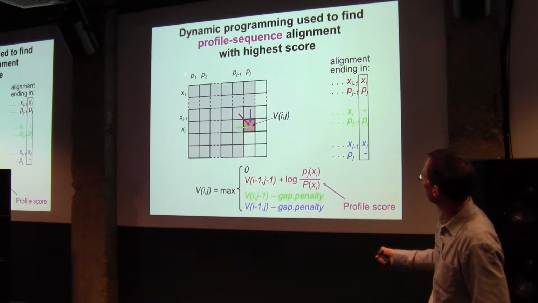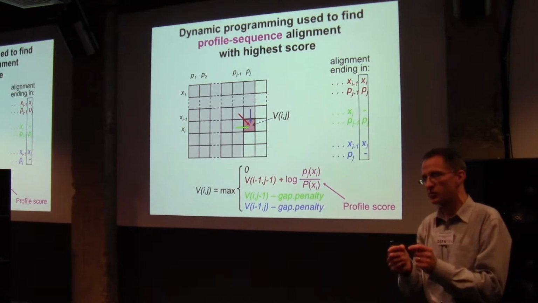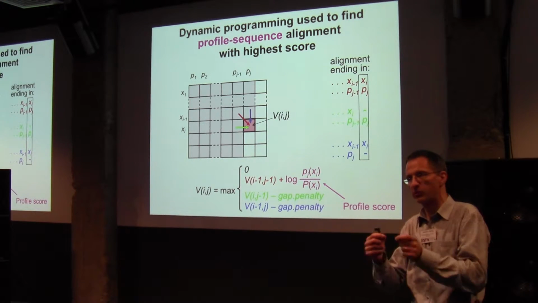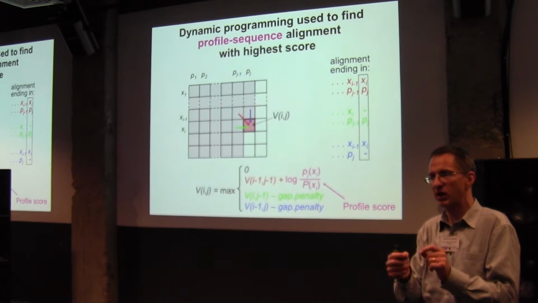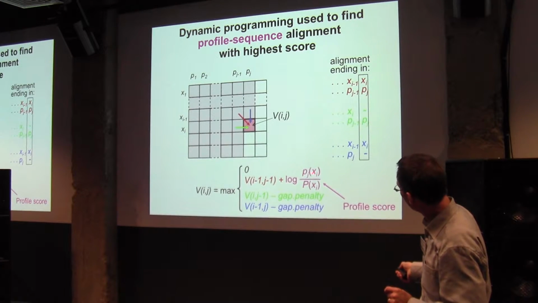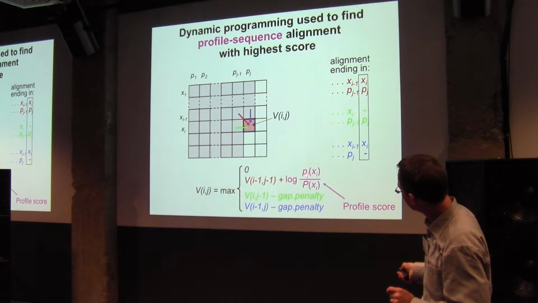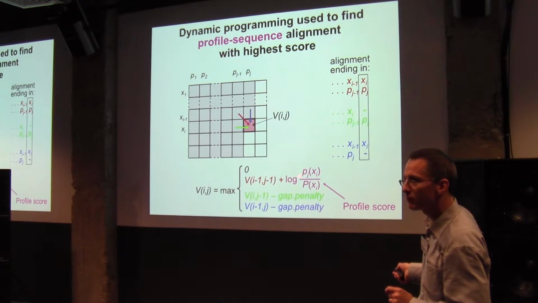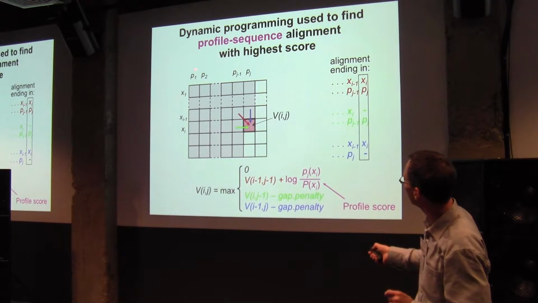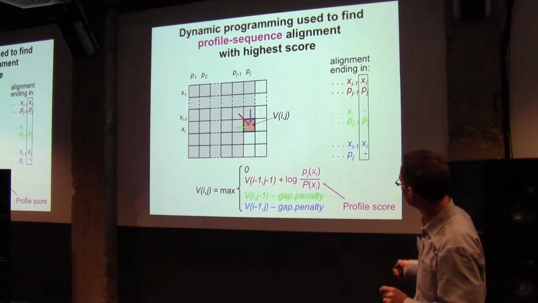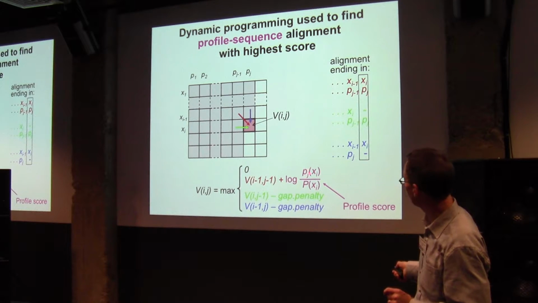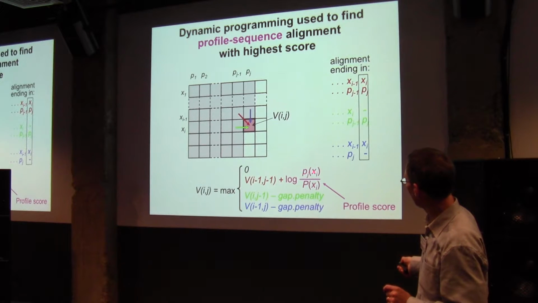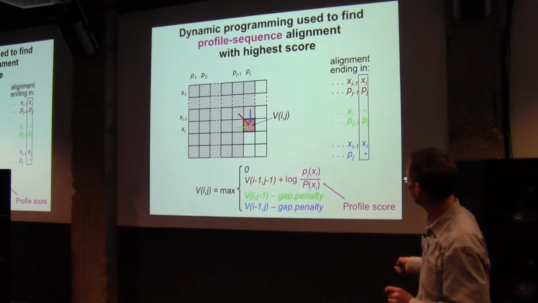So here now we have a profile that we want to align to the amino acid. And instead of taking this probability of seeing the 2 amino acids in a large collection of training alignments, we now take the frequency of this amino acid in this column J of the alignment, so the alignment that is underlying this profile. It's again a so-called log odds score, because these are odds, meaning the odds ratio of this probability and this probability. This is the model probability, this is the null model probability.